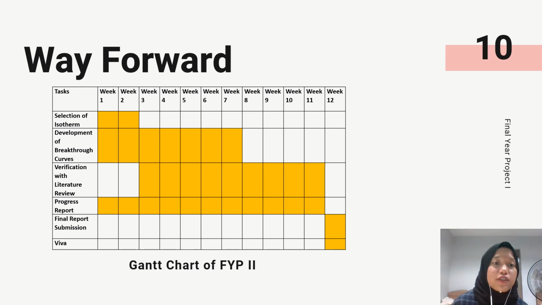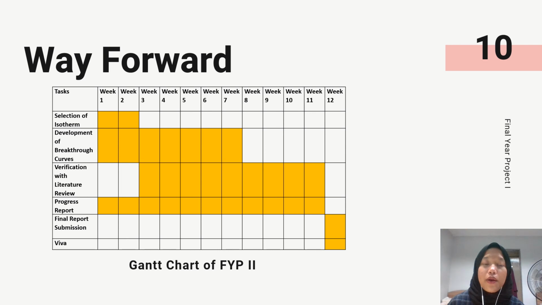Alright, for the first 2 weeks we will select the isotherm and develop the breakthrough curves, and during that time we will also verify the simulated curves with the literature review. During the development of the breakthrough curves and the verification against the literature, we will simultaneously do our writing with the progress report.